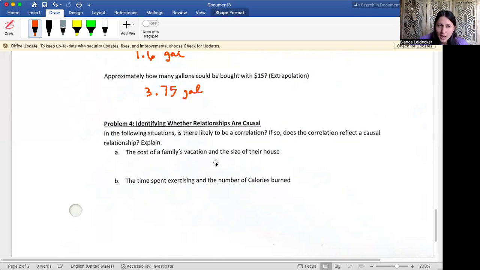Okay, it could be, right? The more money you can spend on a vacation, the wealthier you are, because you can only spend money on vacation that's within your means. And if you're more wealthy, you might have a bigger house, which doesn't necessarily mean those are directly connected. You could have saved up years and years for a really lavishly nice family vacation and live in a small house.